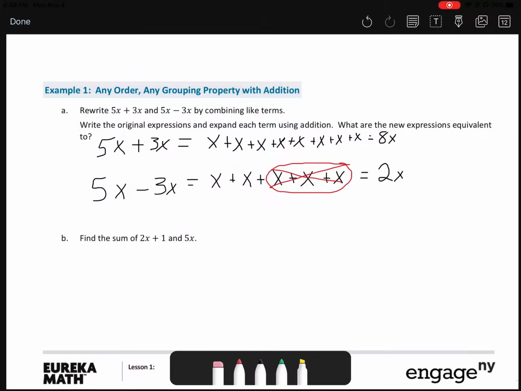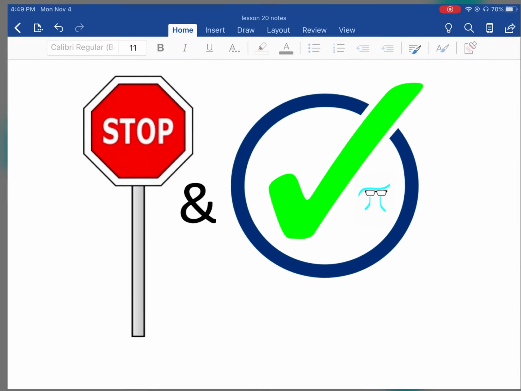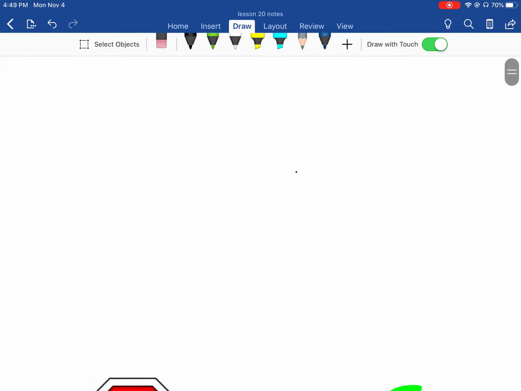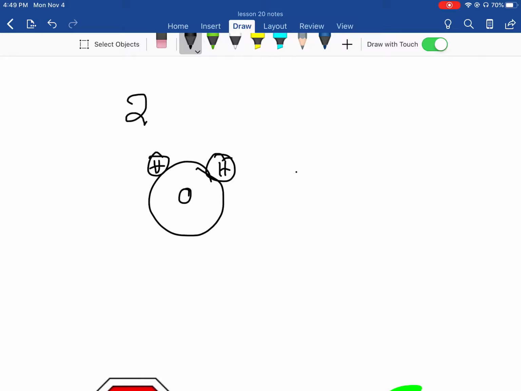Remember that this number right here, this number above the variable, can be called a coefficient. You might remember I talked about coefficient with a molecule. A water molecule is usually drawn like a Mickey Mouse figure, which has an oxygen and two hydrogens. We don't write it like that.